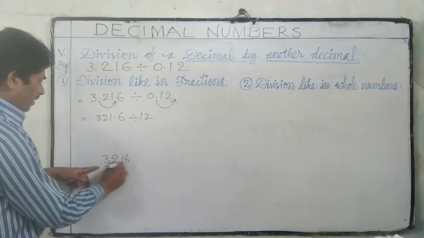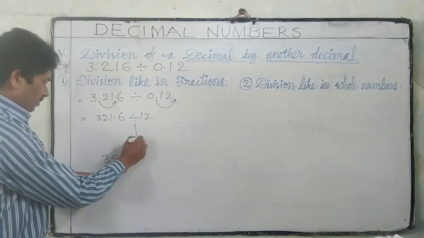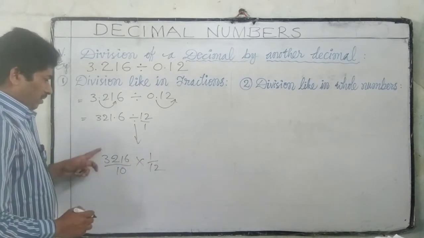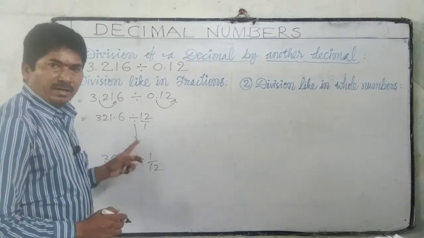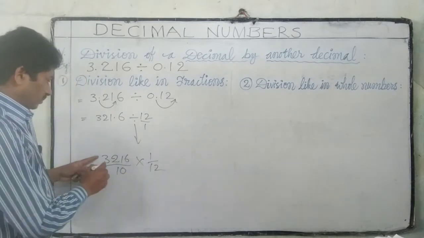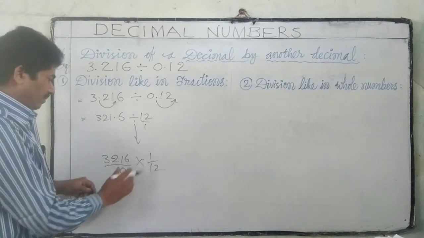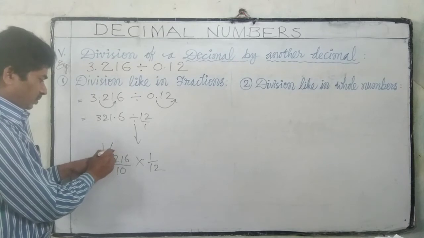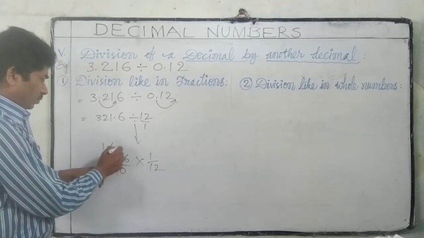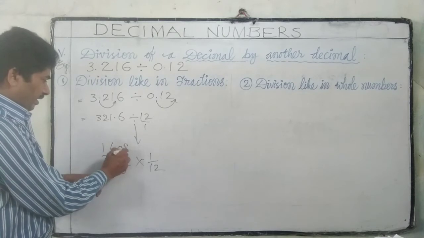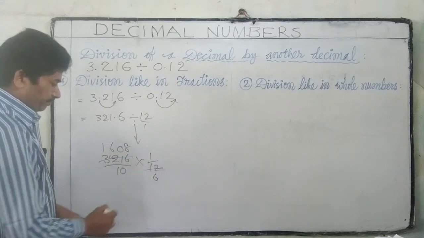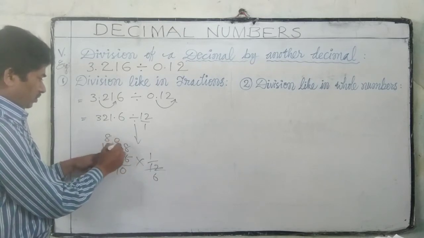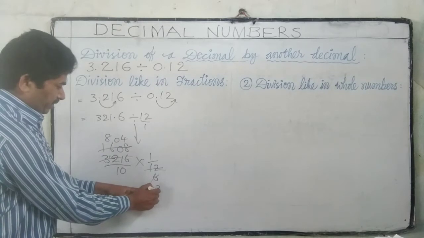3216 by 10 into 1 by 12. We can cancel by taking the common factors. So numerator and denominator: 2 ones, 2 sixes. Here one balance, 2 sixes. No balance, 2 zeros, 2 eights, 2 sixes. Again 2 table, 2 eights 16, 2 zeros, 2 fours, 2 threes.